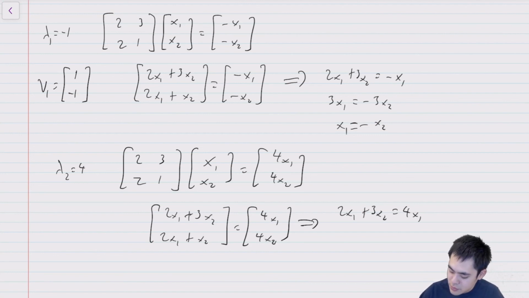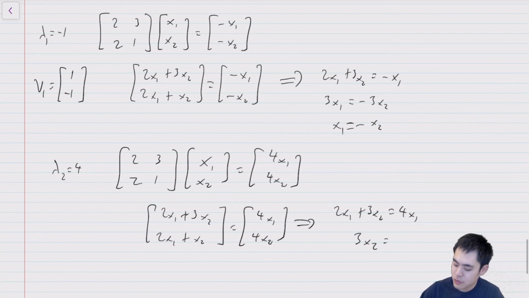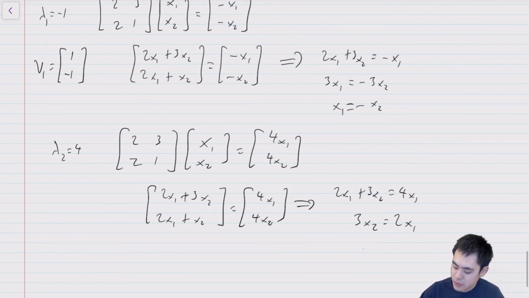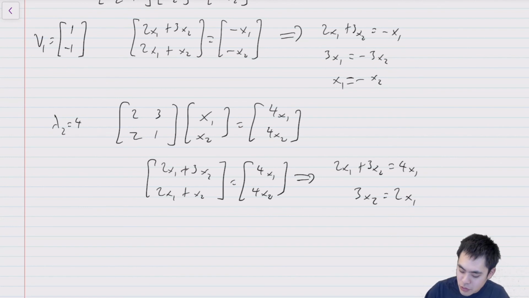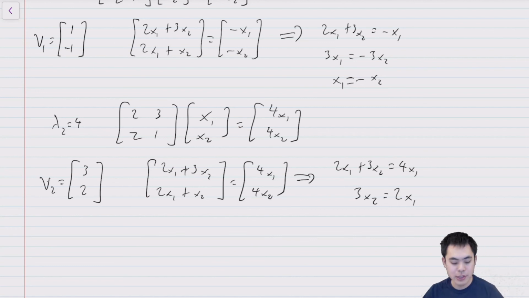So 3x2 is equal to 2x1. We don't even have to go that far: v2 is just (3, 2), and that will solve it as well.